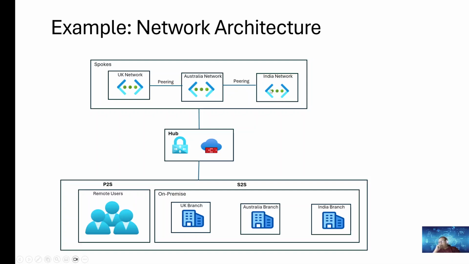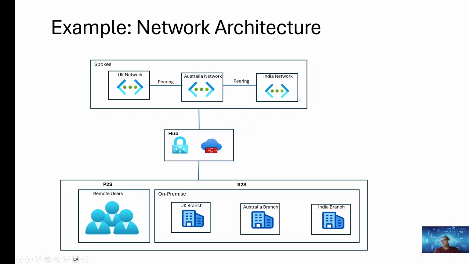Now, here there is a need for the UK network, Australia network, and India network to peer among themselves to reduce latency and improve performance. This also reduces the egress cost, right?